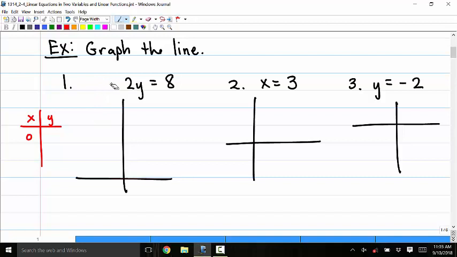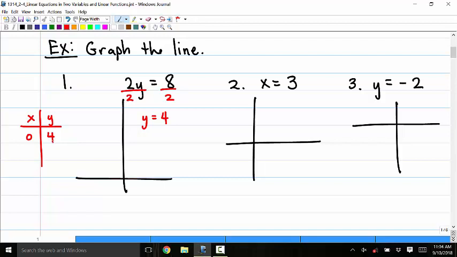That would be gone if x were 0. So I would be solving 2y equals 8. Divide both sides by 2, and I get y equals 4. So I have the point 0, 4. That's my y-intercept.